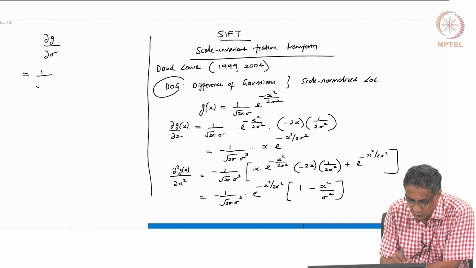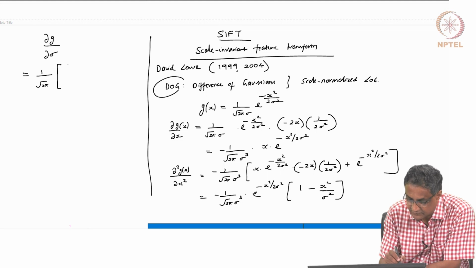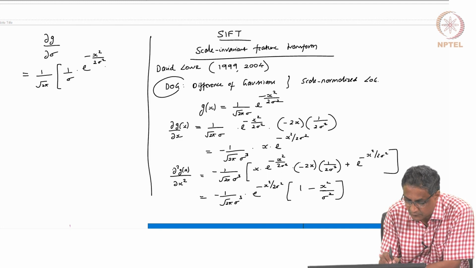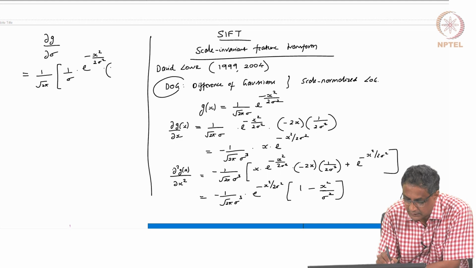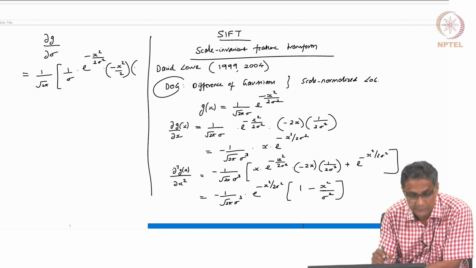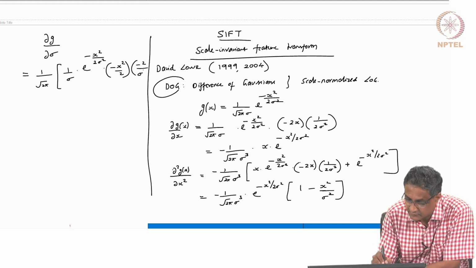You will get 1 by root 2 pi, and then 1 by sigma into e raised to power minus x square by 2 sigma square. Now what will it be? Minus x square by 2, and then minus 2 by sigma cube. Minus 2 by sigma cube.